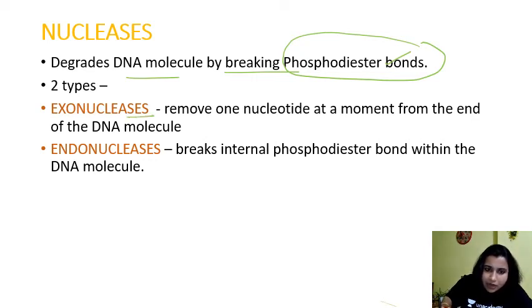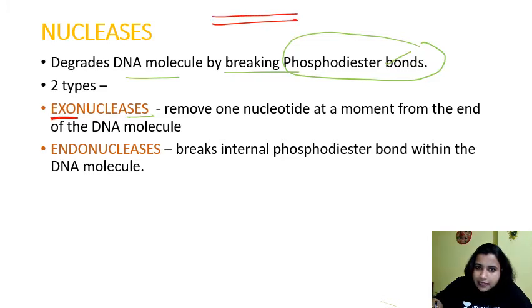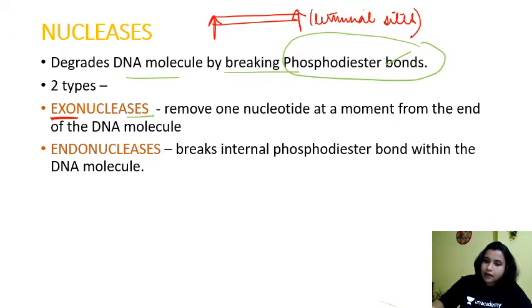If we talk about exo and endonuclease, exo stands for outside, right? So if I draw this DNA, exonuclease is the enzyme which will act at the sites outside the DNA, means at the terminal sites. That is what we call exonuclease. It removes nucleotides one at a time from the end of the DNA molecule.